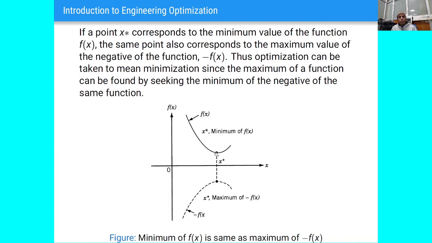The corresponding minimum value, that is the optimum solution, is x star.